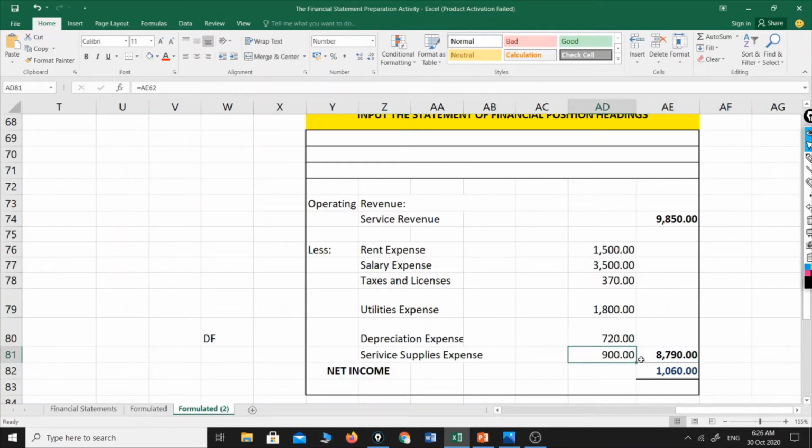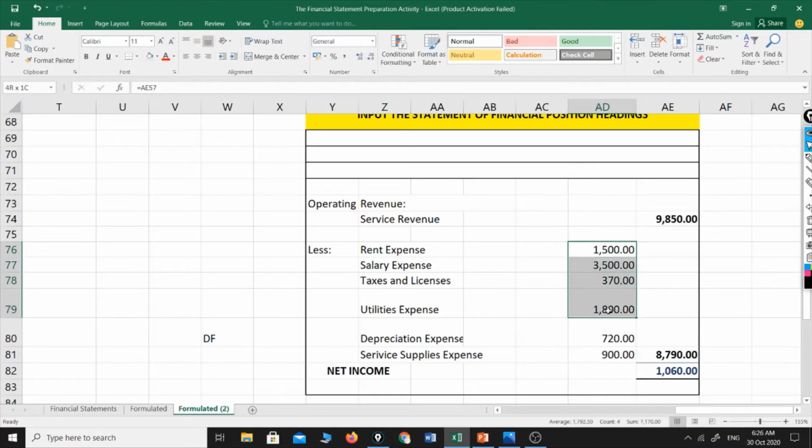The total amount is aligned with the revenue para easier siya when you get the difference between the two.